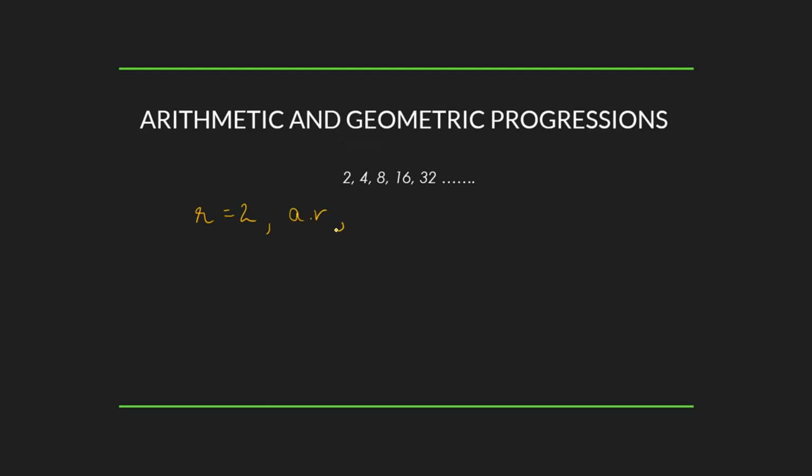The third term can be a into r square and so on. Similarly, the nth term can be written as a into r to the power n minus 1. The sum of the series will be a into (1 minus r to the power n) divided by (1 minus r).